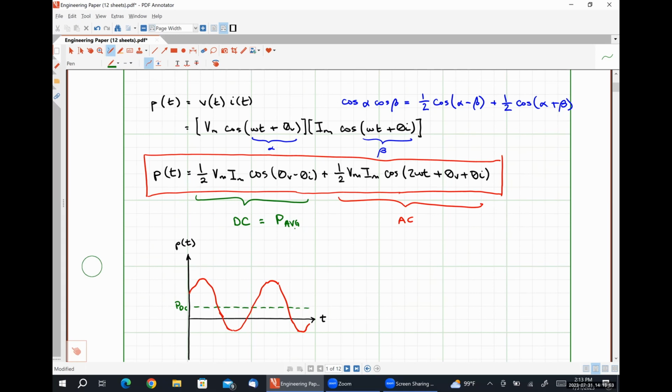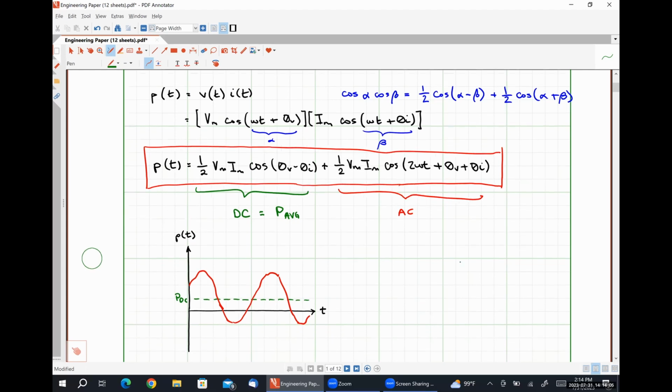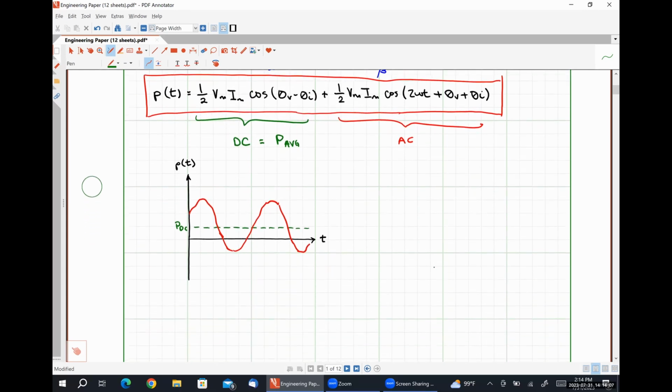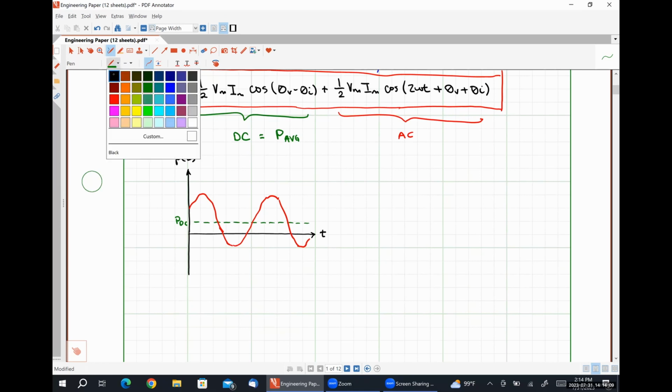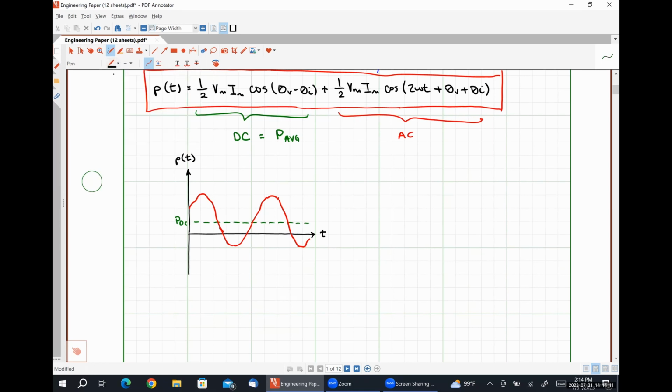So the DC portion of the instantaneous power is therefore the average power absorbed by our system. So now let's use these relationships to determine the instantaneous and average powers absorbed by resistors, capacitors, and inductors specifically, all right?